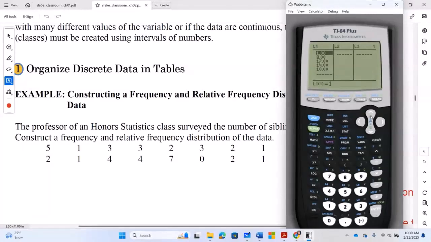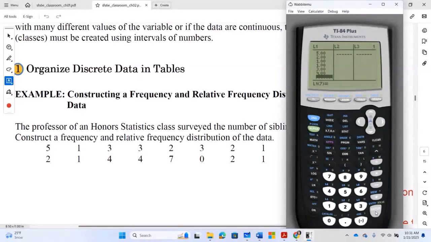So I am going to clear L1, and I'm using the raw data right now. I'm told to find the 5-number summary, so I have put the data in. 5, 2, 1, 1, 3, 4.